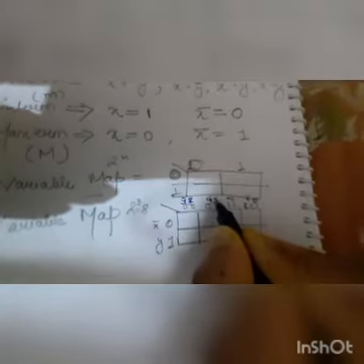Sorry, it's y z: y bar z bar, y bar z, y z, y z bar, and it is x. This is a 3 variable map.